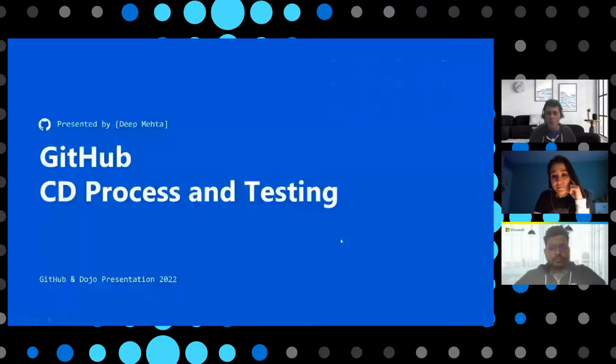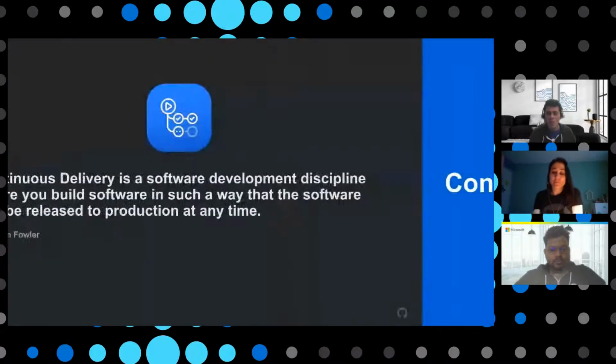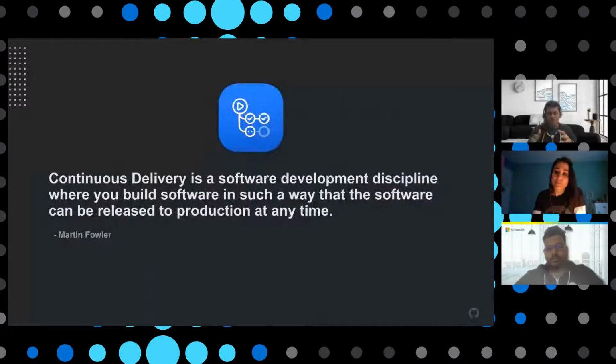First, let's look into what continuous delivery is. With continuous delivery, the latest code is continuously added into the main branch, and with continuous deployment, we go an extra step and deploy that code of our main branch into our production environment.